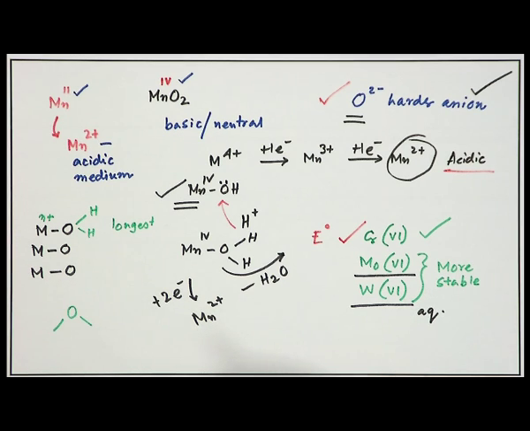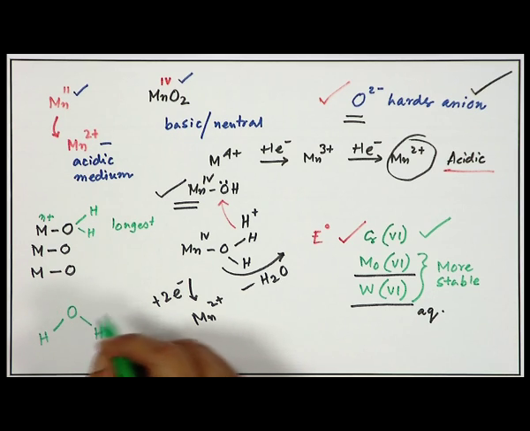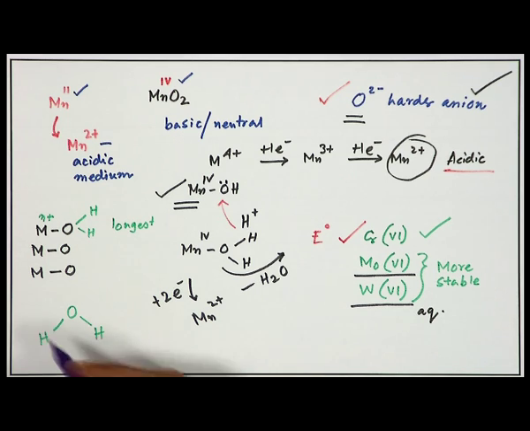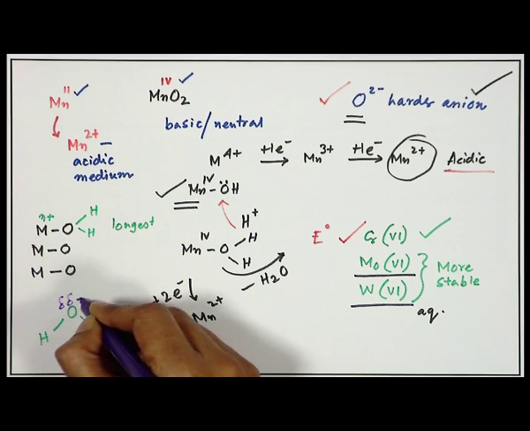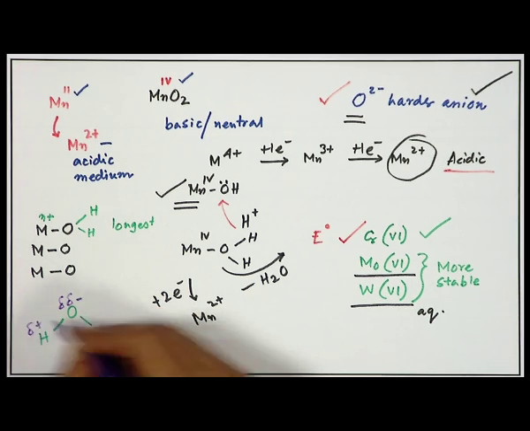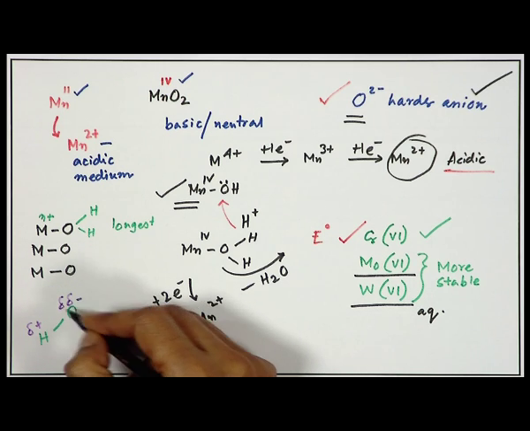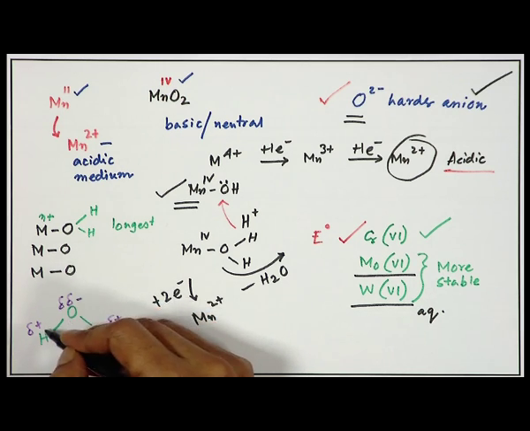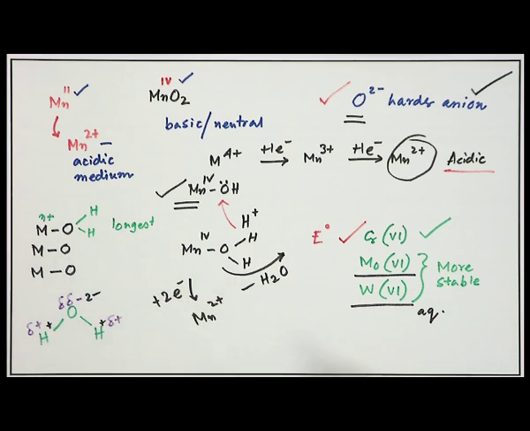These water molecules are typically covalent molecules, but there will be a charge separation. Hypothetically, initially you can have delta plus and delta minus charge separation, but finally we can see the full charge separation for the oxide formation, where these will remain as H plus and O will go to O2 minus.